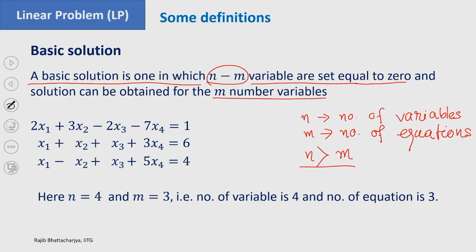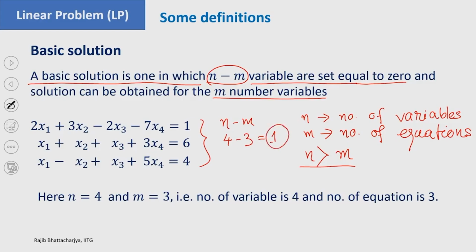So, let us take this example problem. Suppose there are 3 equations and the number of variables is 4, that is x1, x2, x3 and x4. So, n minus m, in this case 4 minus 3 equals 1.